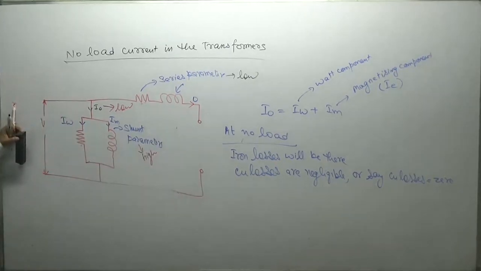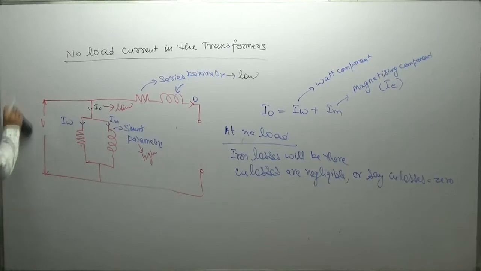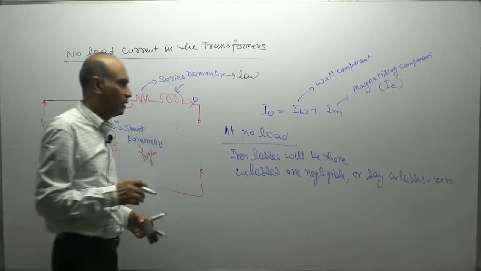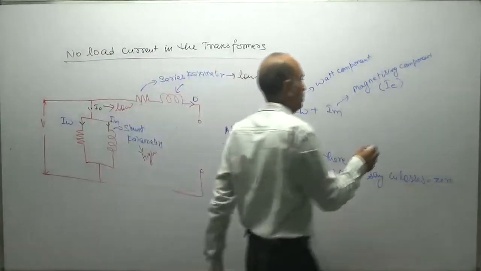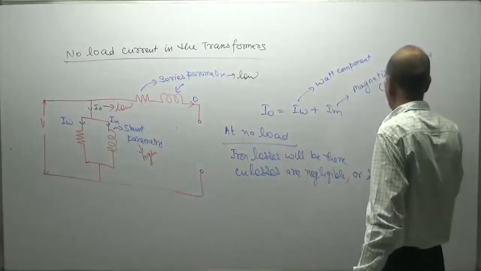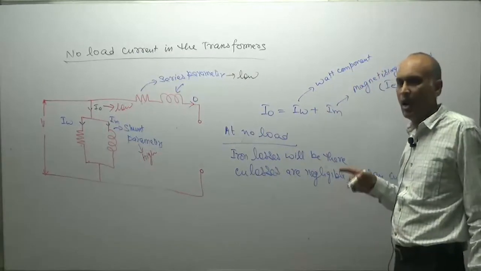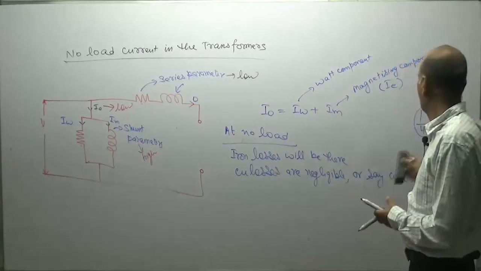That's why copper losses are changeable. You will find it in the problems of transformer, right. But suppose voltage becomes half, then iron loss will become 1/4. If voltage becomes half, iron losses will also decrease.